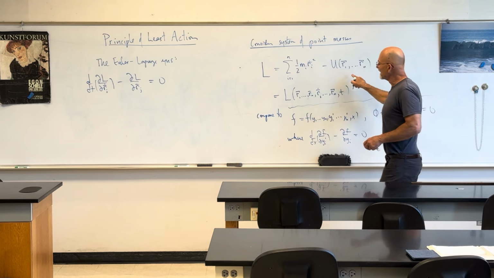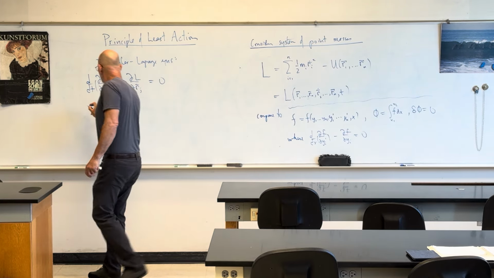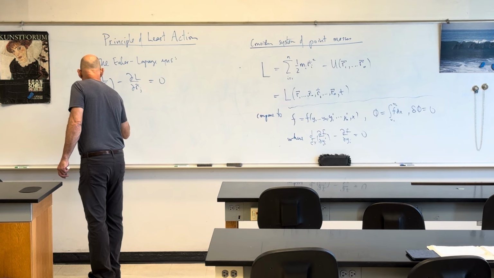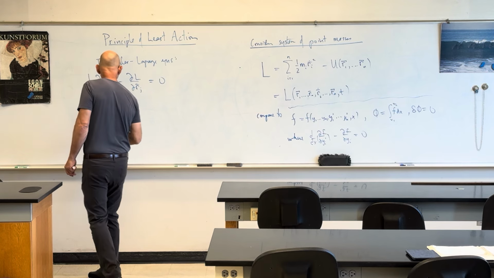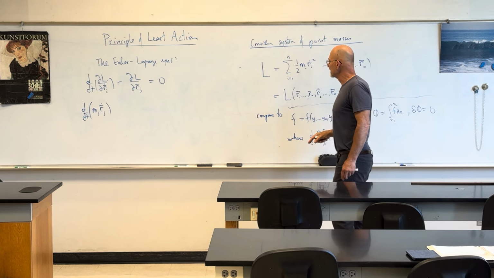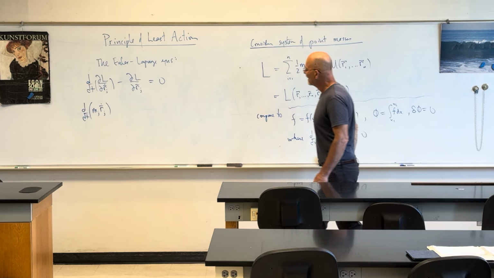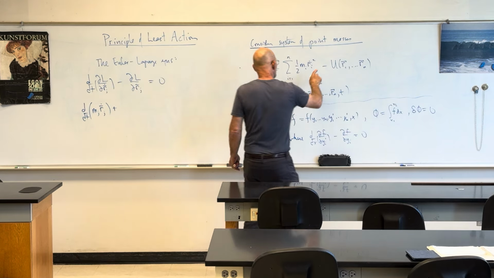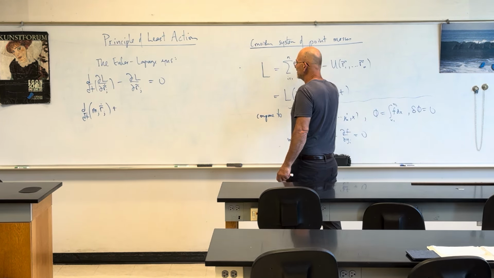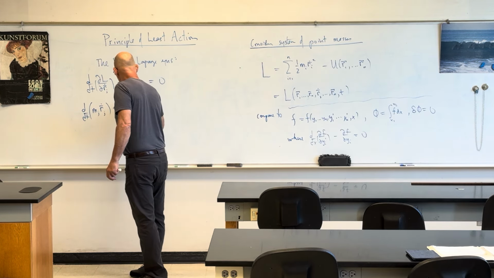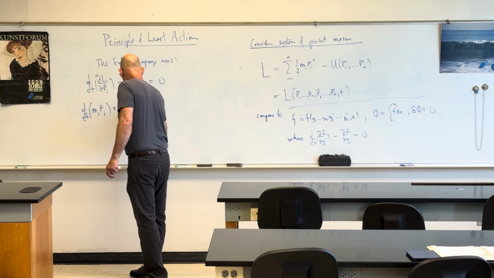Yep. So here we go. The difference between the kinetic and the potential. Right under here I would have d over dt of m sub j r sub j dot, because it's a 1/2 and the 2, right? And then minus this, minus times minus is plus, and the dL/dr sub j is just going to be dU/dr sub j equals 0.